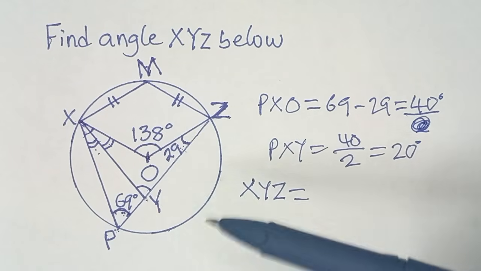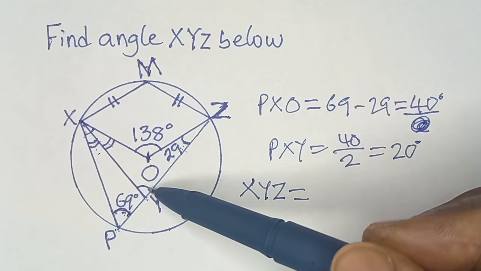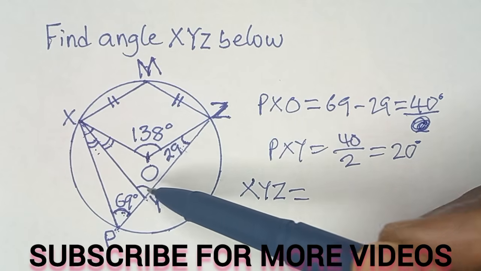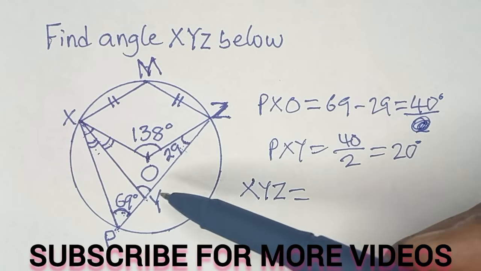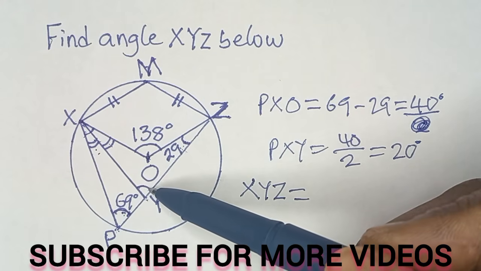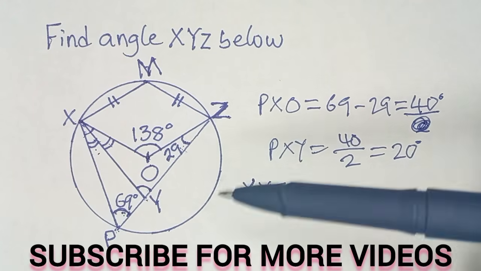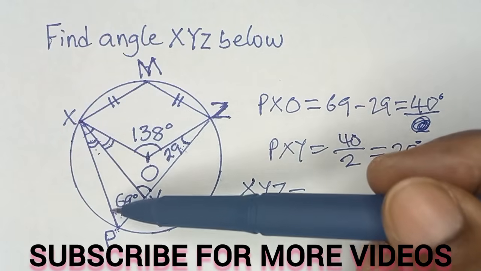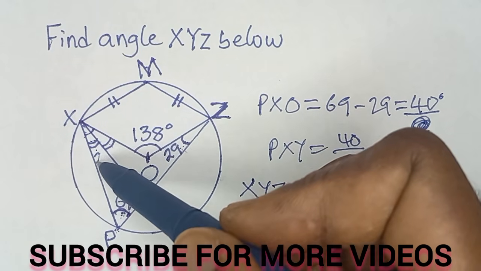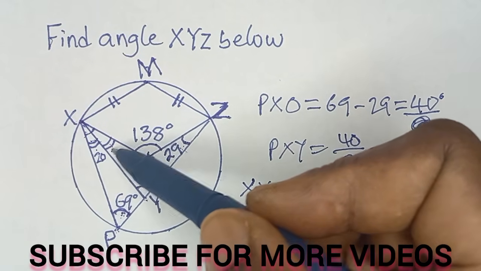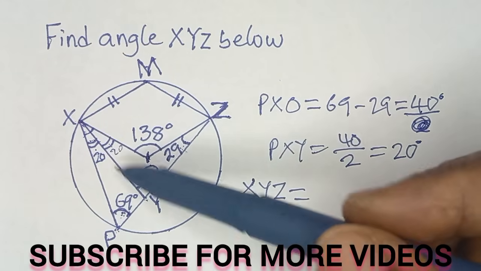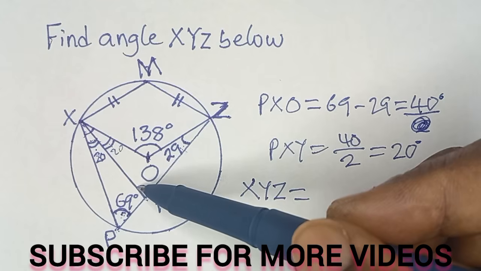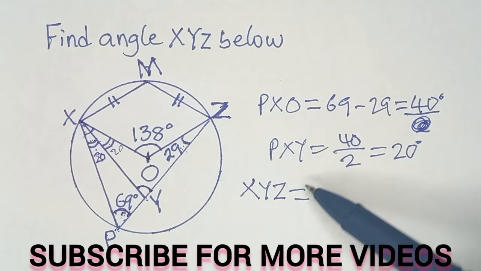So once you see this external angle, because this line has extended outward, the rule to apply there is that the exterior angle of a triangle is equal to the sum of the two opposite interior angles. Don't forget, this angle is 20, just as this one is also 20. So these two opposite interior angles will add up to give us this exterior angle that we are looking for.